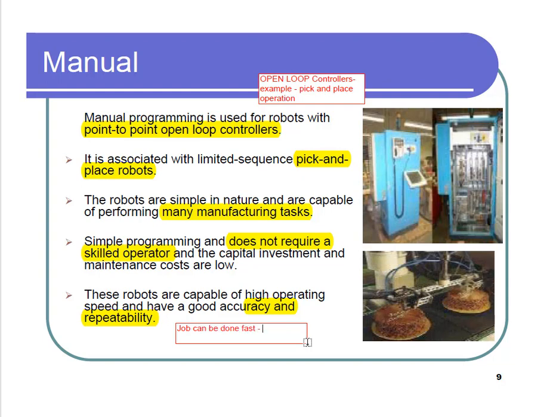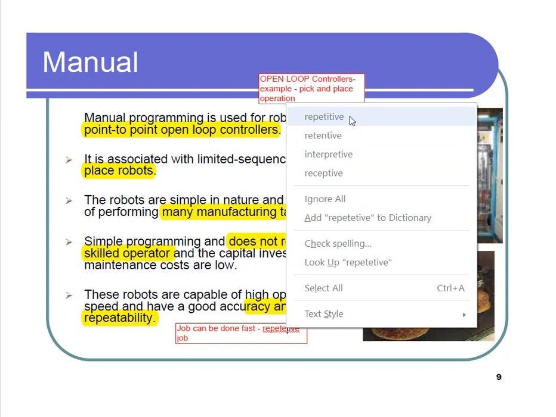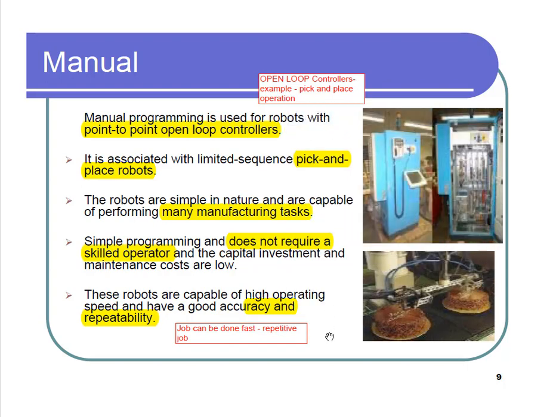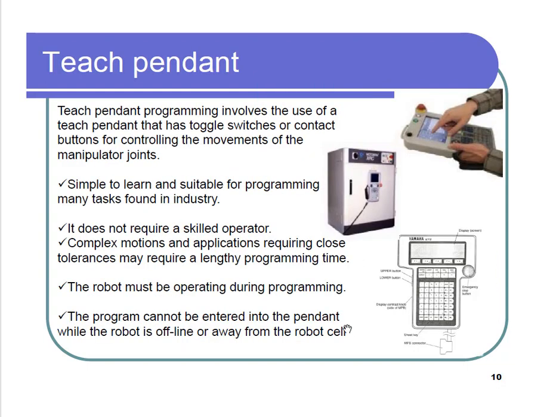So this is just a pick and place, and the program can be manually inserted into the robot program. But remember, this is a pick and place movement, and it is an open loop controller, meaning that it does not have any feedback.